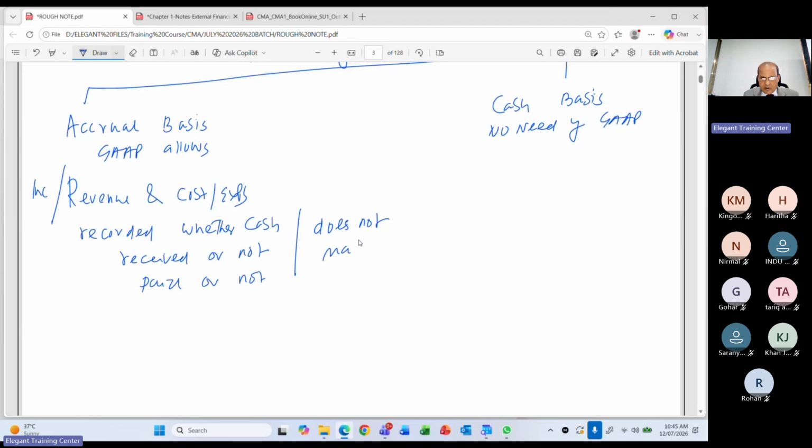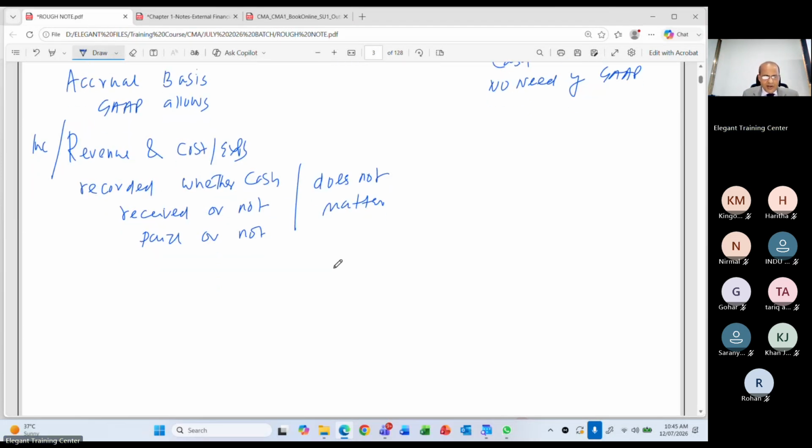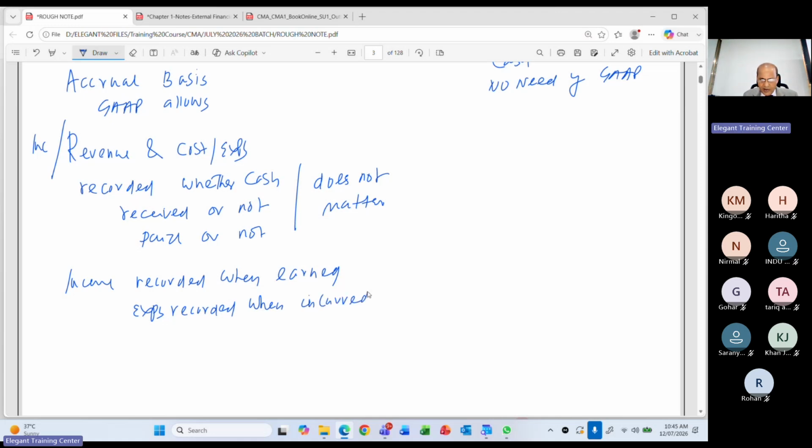Does not matter. So what we say? Income is recorded when earned, right? Similarly, expenses are recorded when incurred. When incurred.